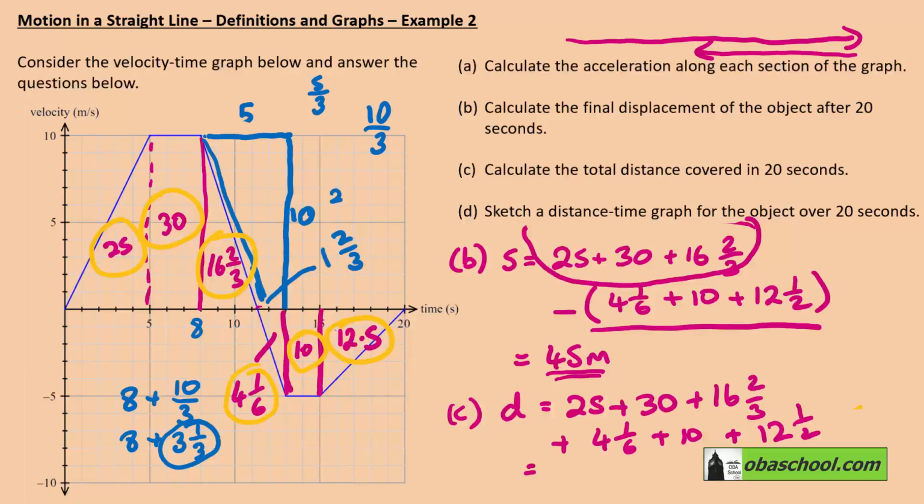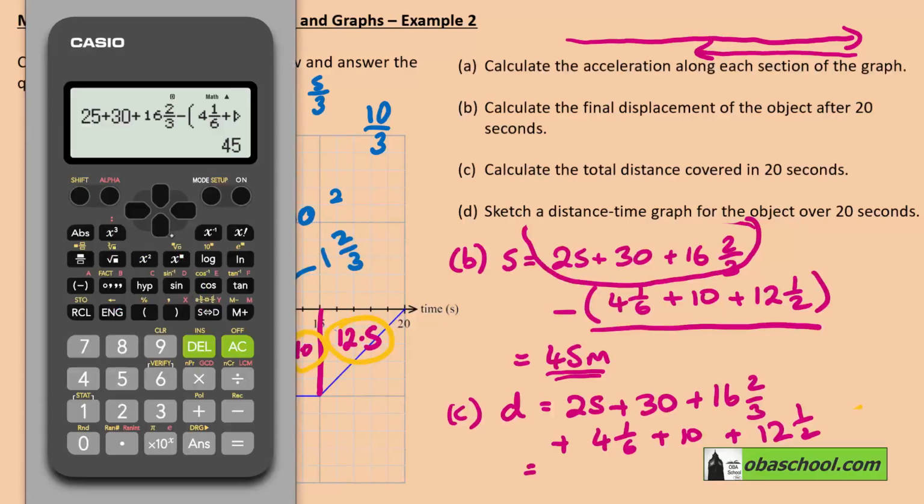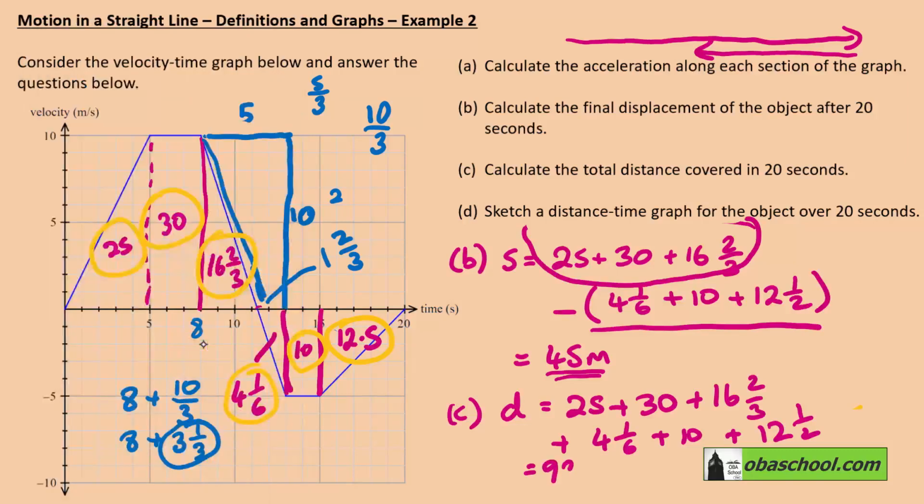So if we just go back to our calculator, all I need to do is go back to here and change that to a plus, and that gives me 98 and 1/3 meters.